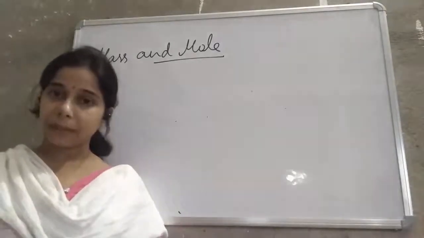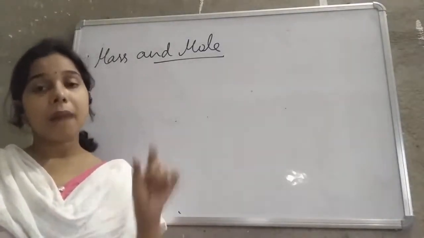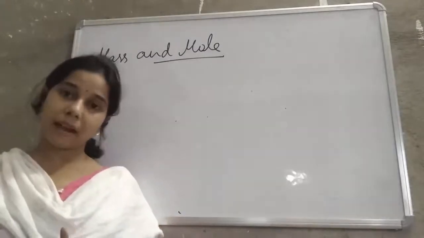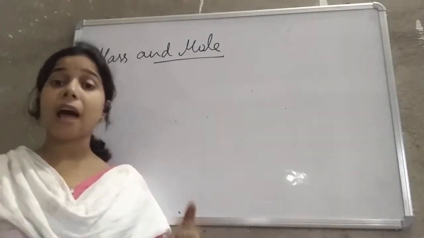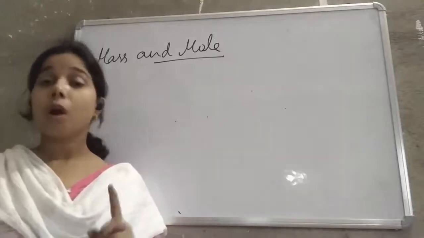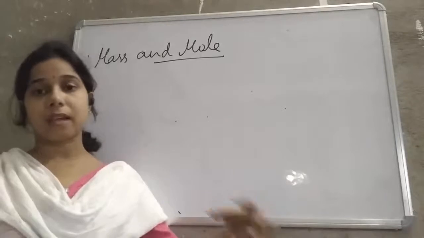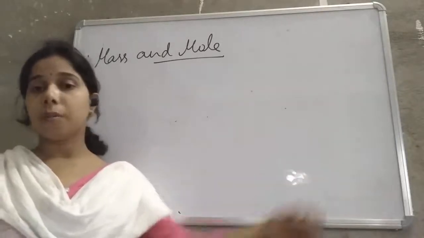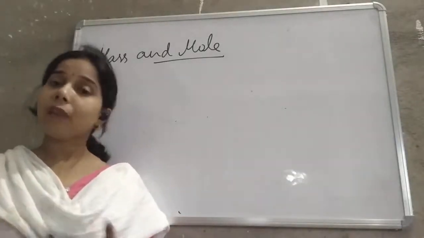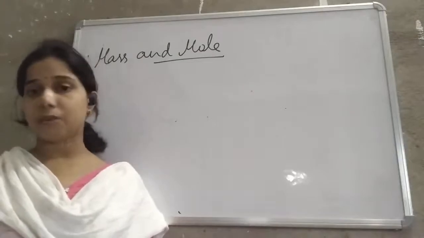So we can define that the mass of 1 mole of an element is equal to the gram atomic mass of the element, and the mass of 1 mole of molecules of a substance is equal to the molecular mass of the substance.